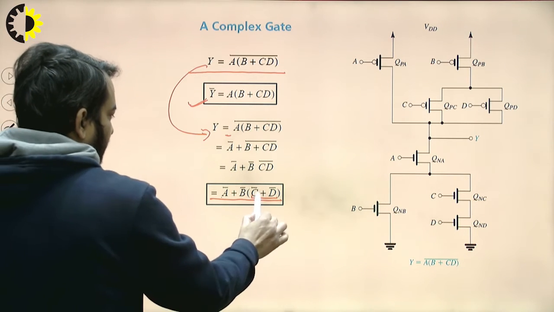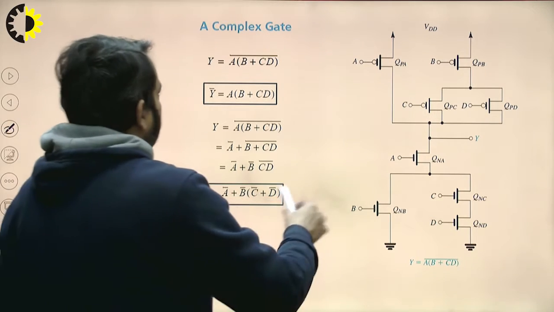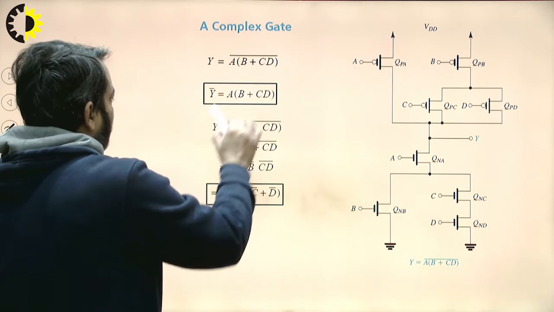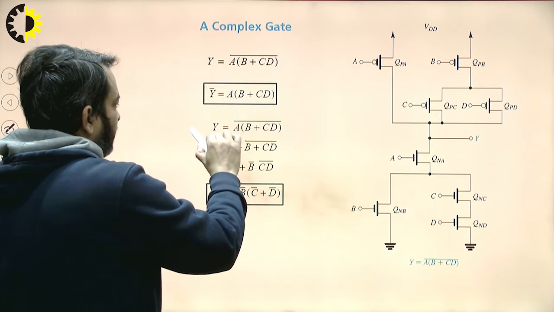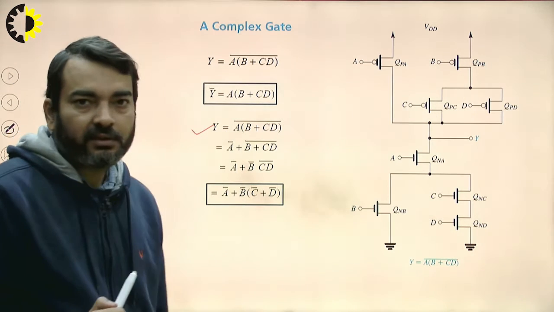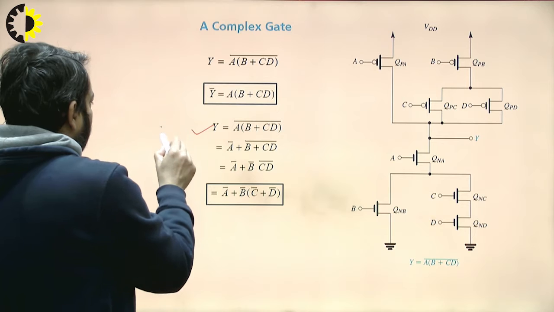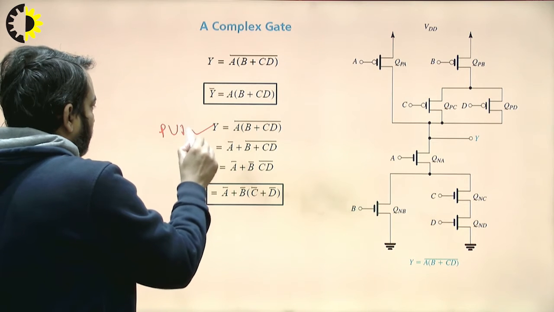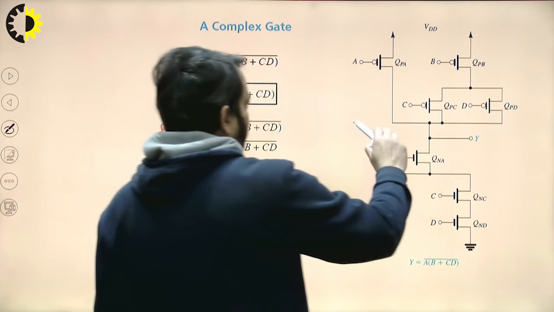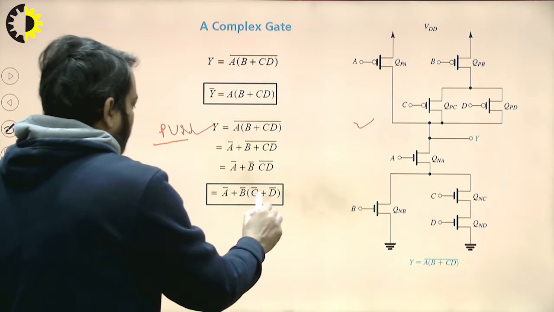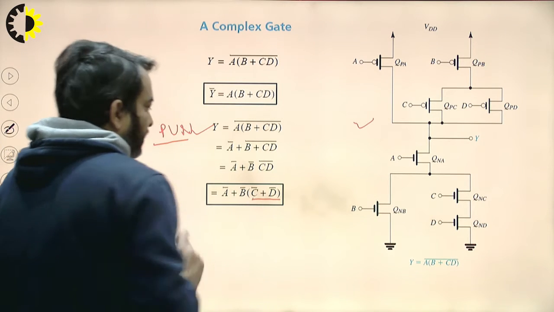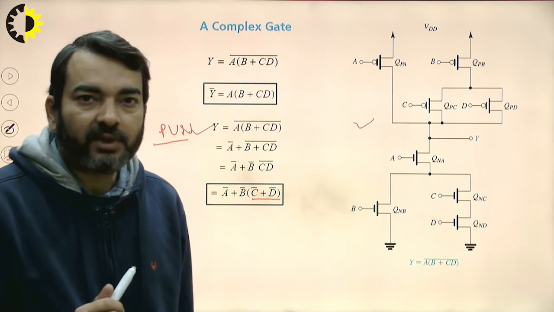We will say this is OR. Here we will realize the pull-up network, so this is the network we have to follow. Breaking this, C bar plus D bar.